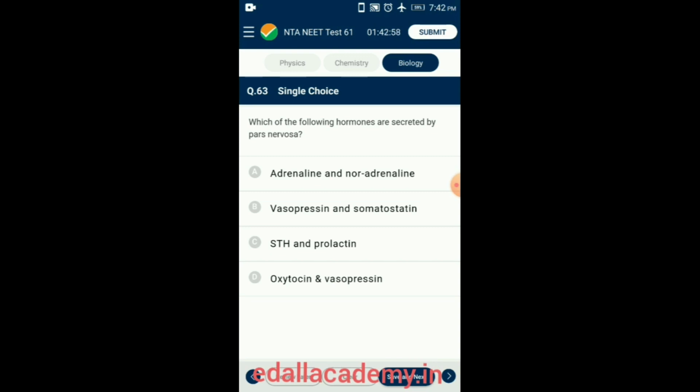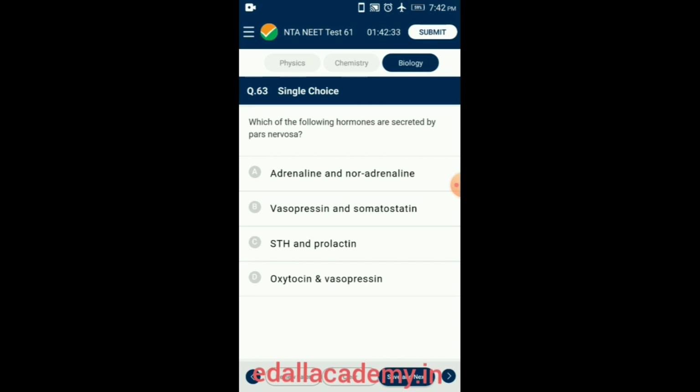Oxytocin acts on the smooth muscles of our body and stimulates their contraction. In females, it stimulates vigorous contraction of the uterus at the time of childbirth and milk ejection from the mammary glands.